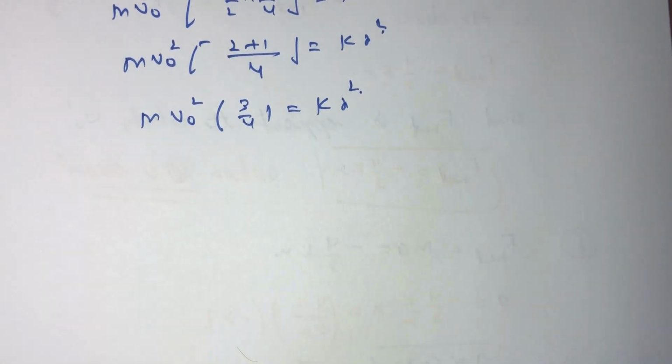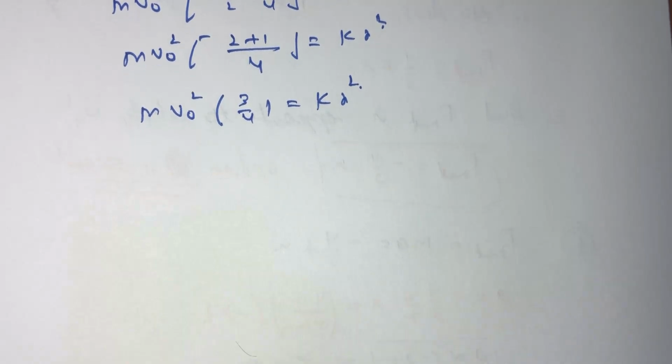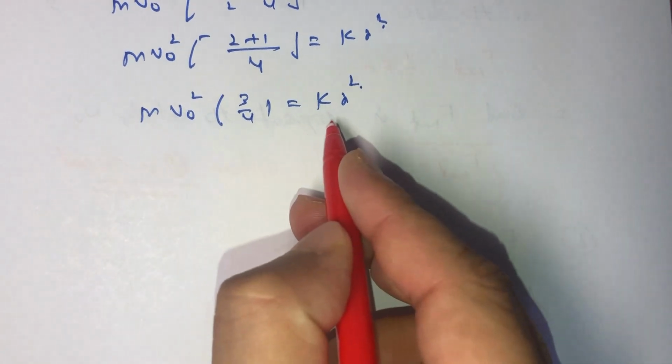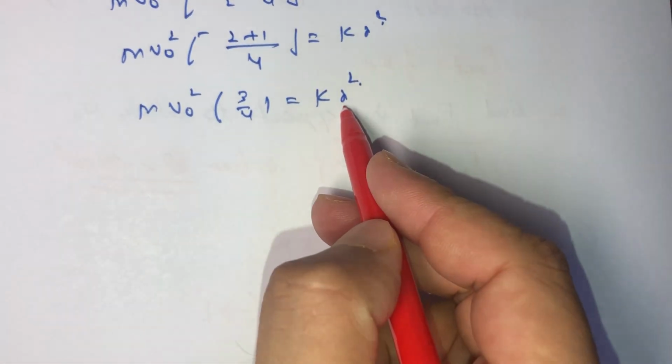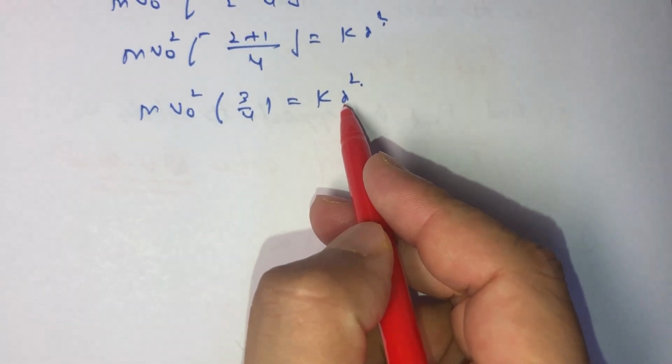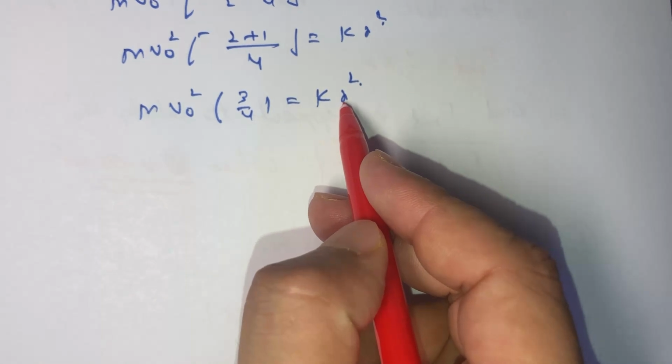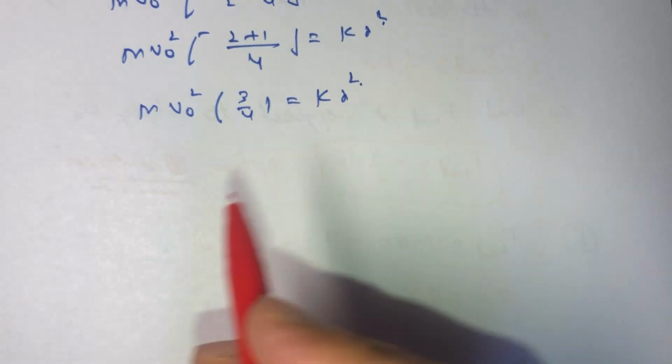So it says that the maximum value of V naught when we have without slipping. So you can say for maximum, x was given as 1 second displacement.